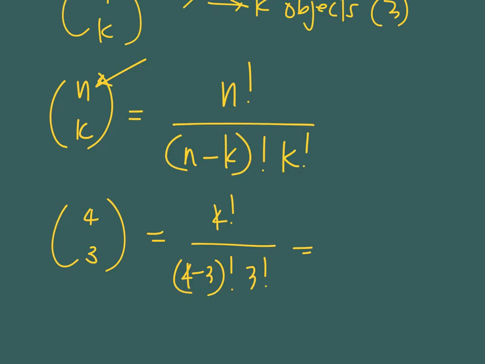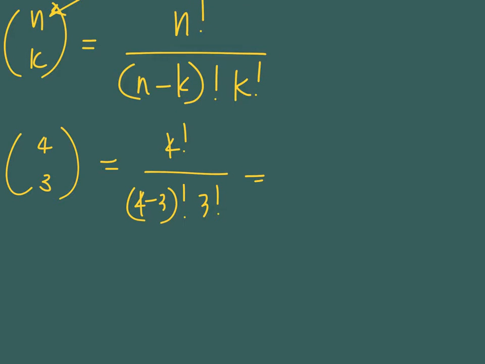Now, simplifying this further, my tip is when you see a lot of factorials, do not expand them yet. Meaning, do not change 4 factorial into 4 times 3 times 2 times 1, although that's the meaning of 4 factorial.